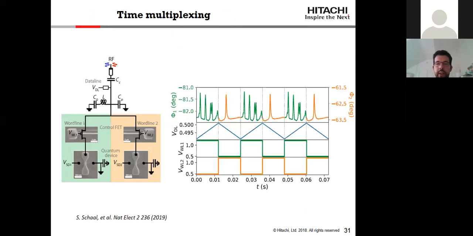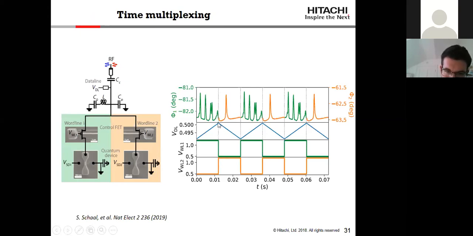Okay, so this is the scheme that we use for time division multiplexing. Just follow the time sequence here, in which first we turn on word line 1 to activate the control transistor, and then we sweep the data line voltage, which enables us to read those Coulomb oscillations of the one quantum dot. Then in the second period of the cycle, we turn off word line 1 and switch on word line 2.